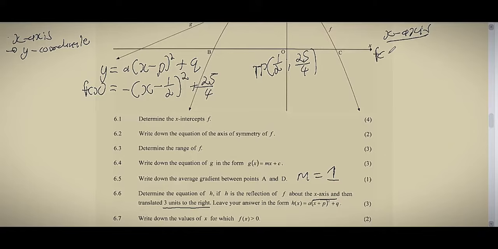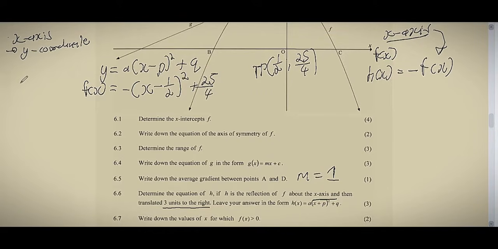If I have f of x reflected along the x-axis, and then we are forming a new graph, h of x, that means h of x has to be equal to negative f of x, right? So originally we have our f of x. If it is reflected about the x-axis, what happens is that we put a negative before the equation of f of x.